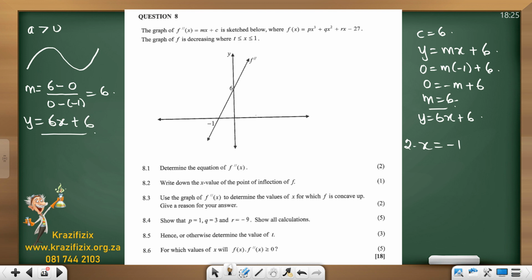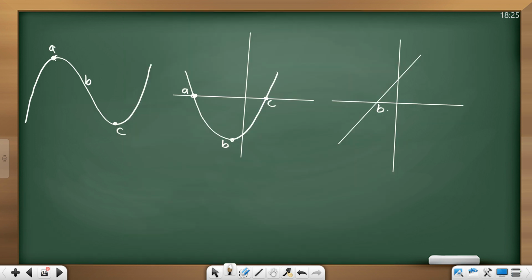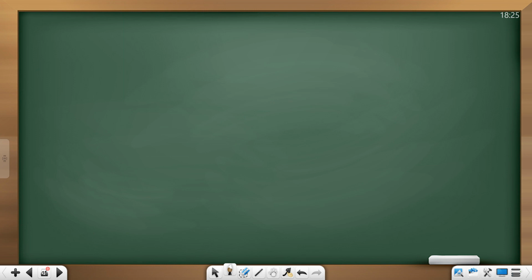I want you to see it beyond a notation. When I say f double prime, guys, please look at this. When I say f of x, and then I tell you f prime of x, what does this mean? It means the gradient of f of x.